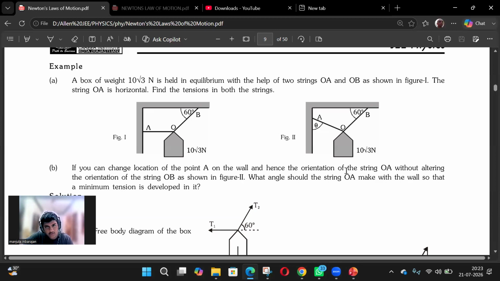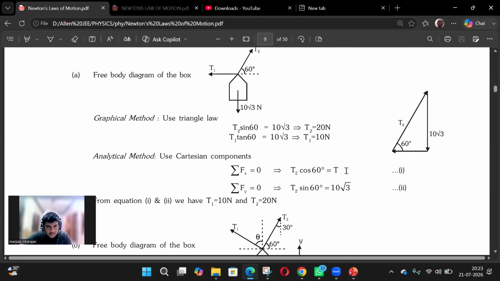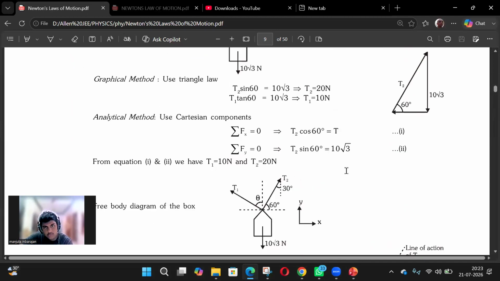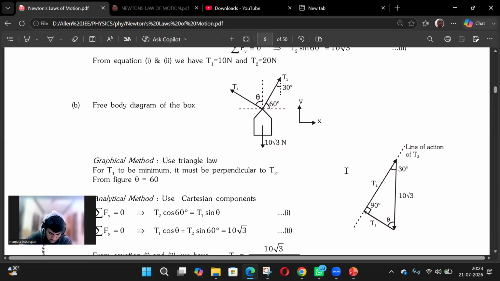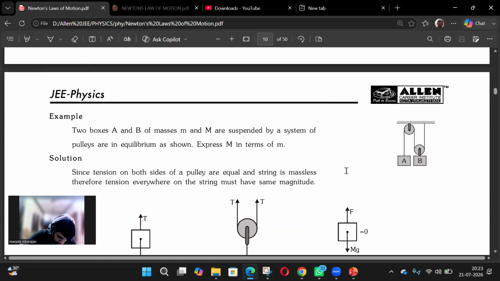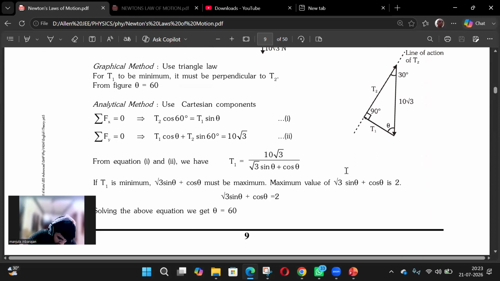I found the weight. I'm using it. Okay, it's just trigonometry. It's just root 3, root 3, root 2.